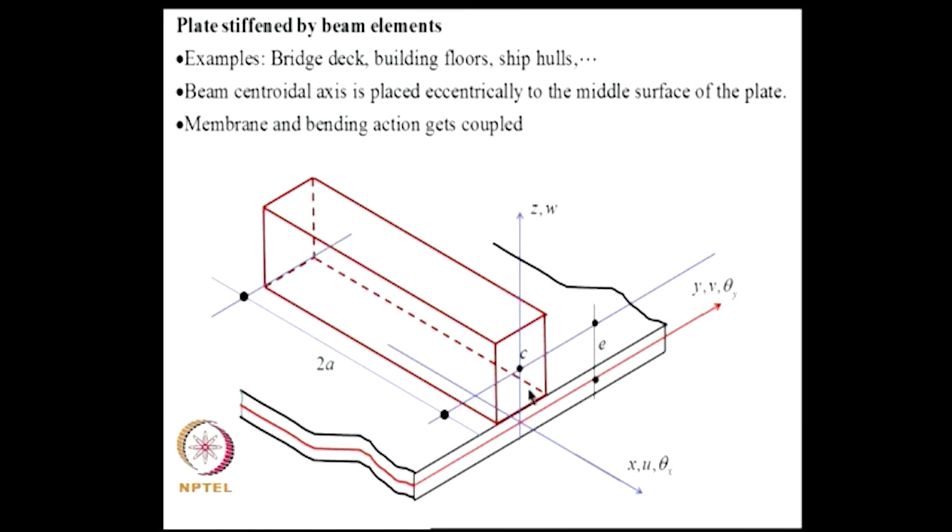The coordinate systems here: we assume that the coordinate origin passes through the mid surface of the plate element, and the centroidal axis of the beam is at an eccentricity E. I consider this to be the x axis, this the y axis and this the z axis, and the degrees of freedom that we are considering are u and theta x, v and theta y, and w.